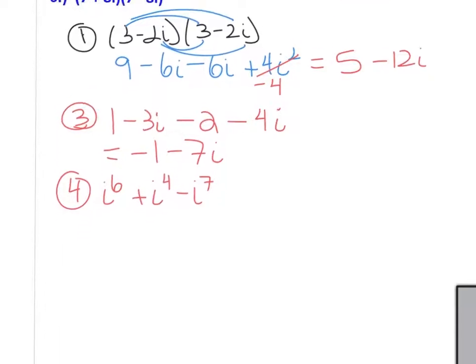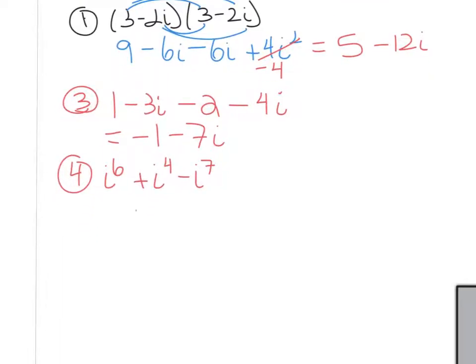Okay, so to simplify this, I know i to the 4th is 1. Now I'm going to think of the others. i to the 6th has 1 i to the 4th with 2 left over, so that's i squared. And i to the 7th is i to the 4th and i to the 3rd. So that is minus i to the 3rd.